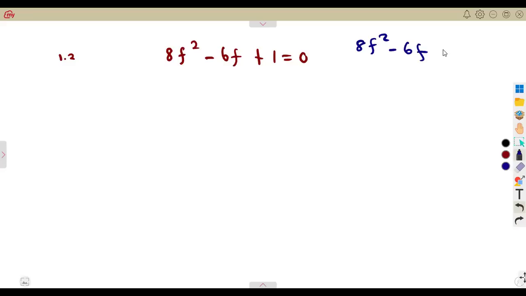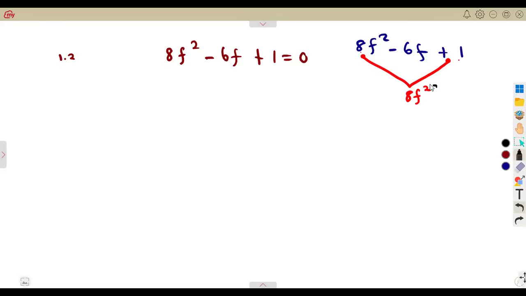In this case, which is most of us, we use this where you multiply the first term and the last term, provided that we have got the highest exponent of 2. So 8f squared times 1 is going to give us 8f squared. So this is what you're going to do.